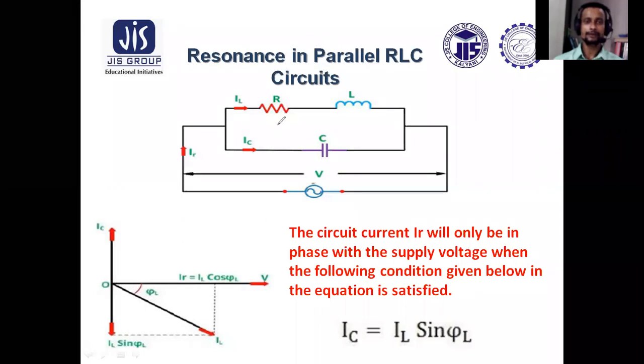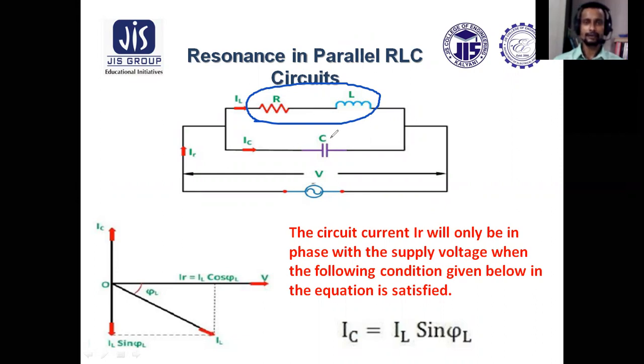Here what we have considered? We have considered a coil. This coil is having an internal resistance of R and an inductance of L. Generally this internal resistance R of the coil is very small, which can be neglected.